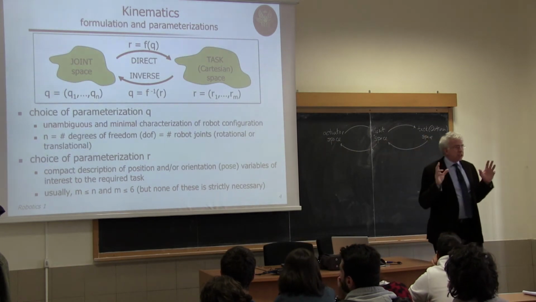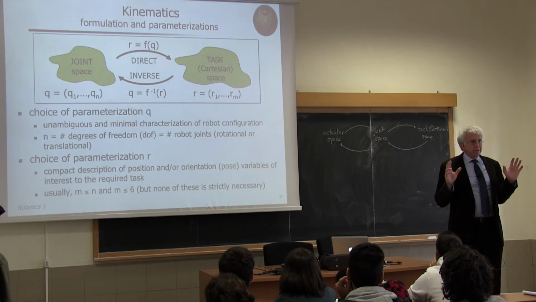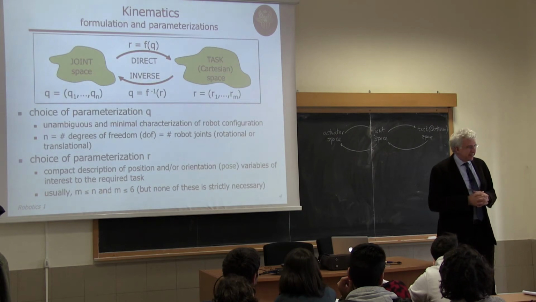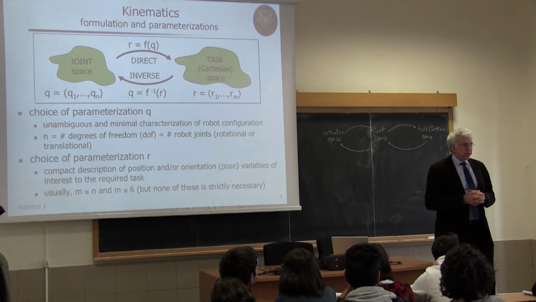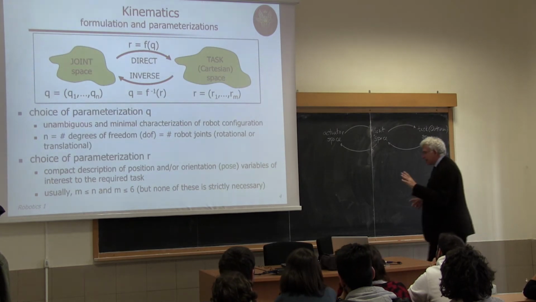Is it suspect or is it fine? It's suspect. Why is it suspect? Every joint has 6 points in Cartesian space, let's put it that way.